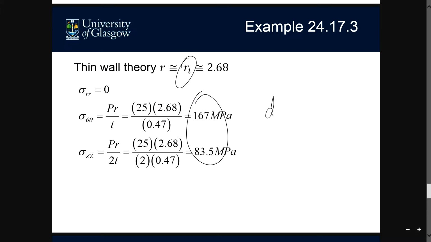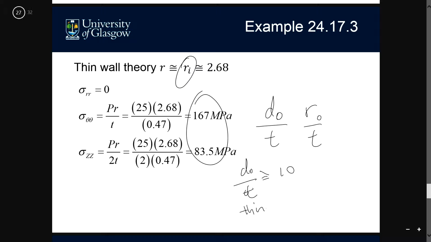Take note that when you're talking about the diameter over the thickness, please use the outer diameter, or the outer radius divided by t. Lastly, it must be larger than or equal to 10 for it to be thin wall.